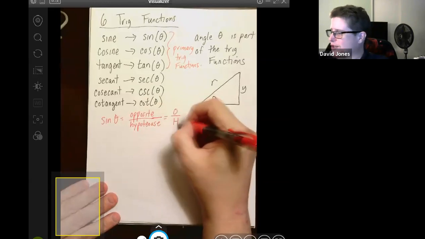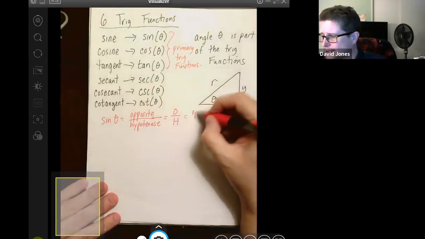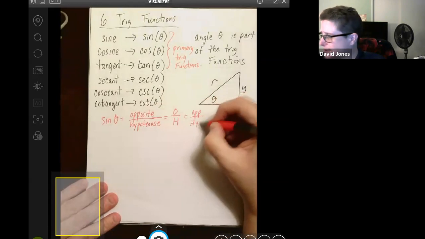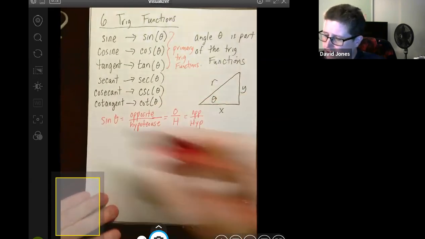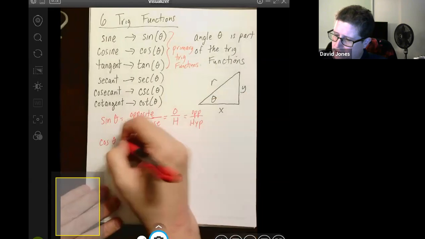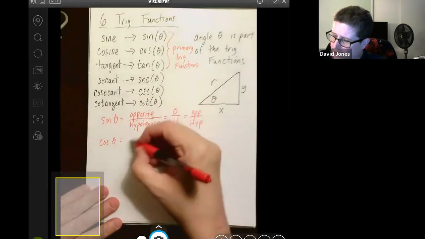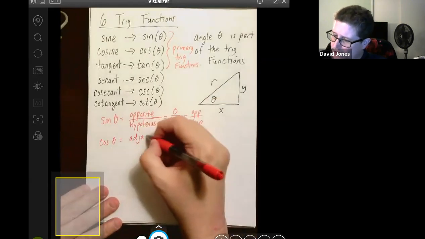O over H, or opposite over hypotenuse. Cosine of theta is adjacent over hypotenuse.